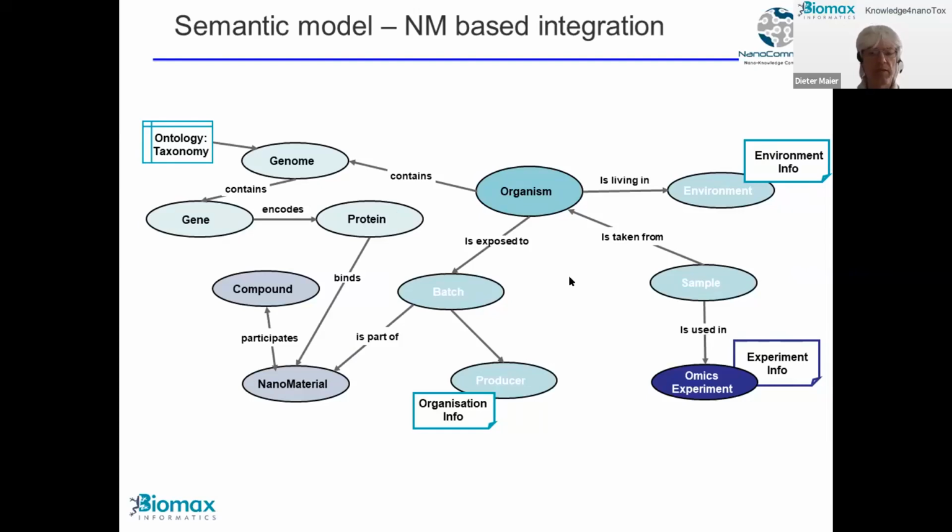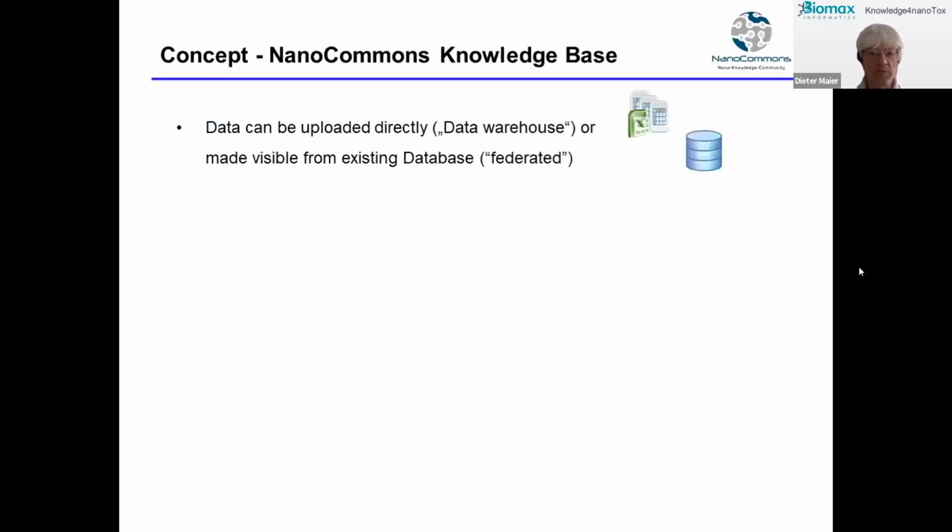Those basic assumptions allow us to integrate information. So we are not using the knowledge base as an archive storing individual data sets. We use it really for semantic interoperation and integration, to connect the data sets and enrich them by each other.